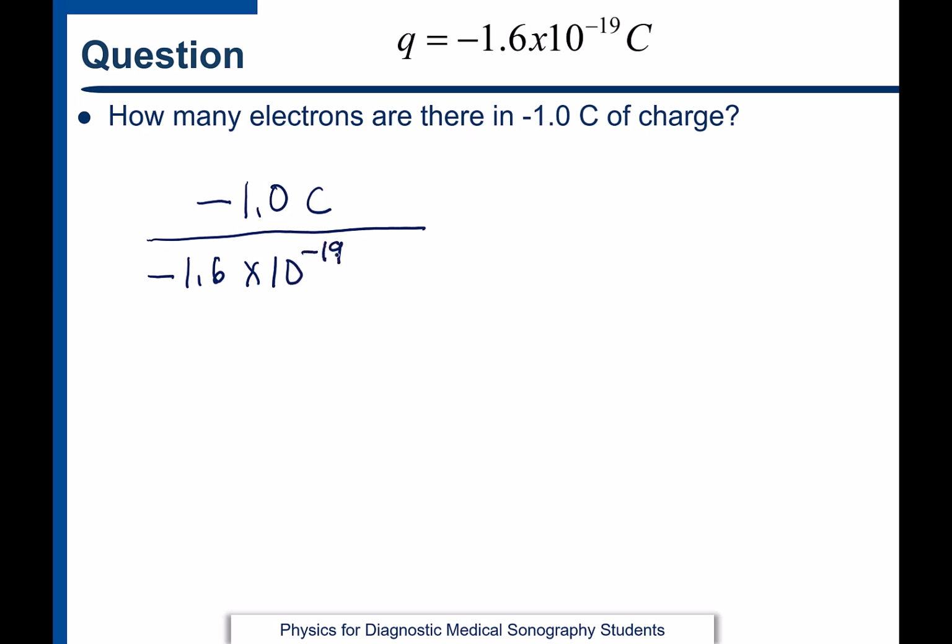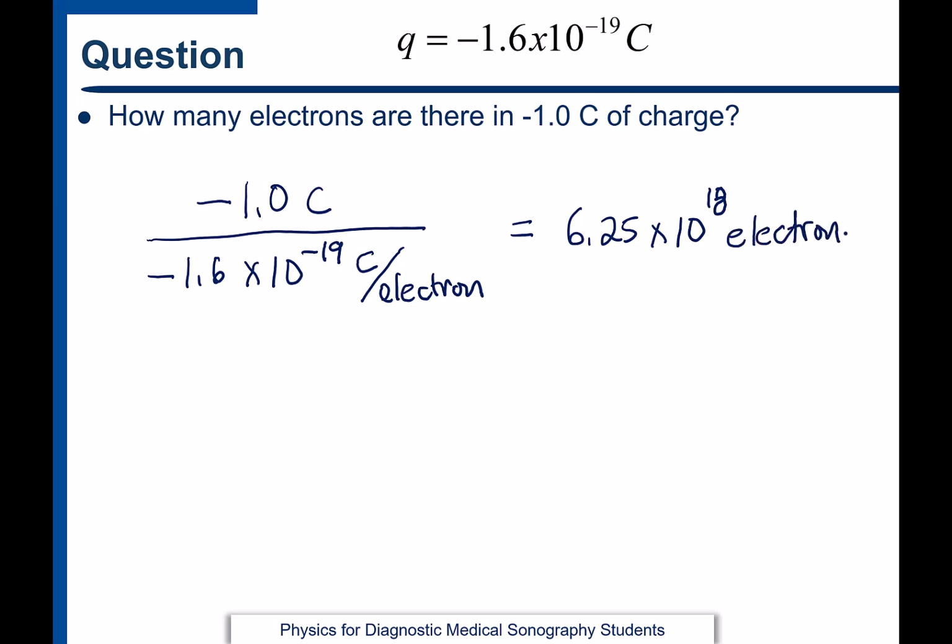That's the charge, or number of coulombs per electron. And so if we divide coulombs by coulombs per electron, that's going to give us the number of electrons. Try that on your calculator just to make sure you get the right answer. But what we get is 6.25 times 10 to the 18th electrons.